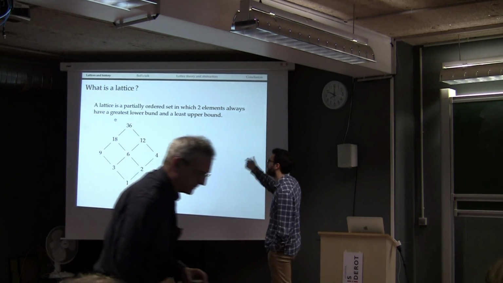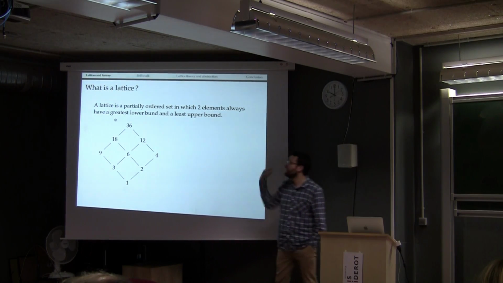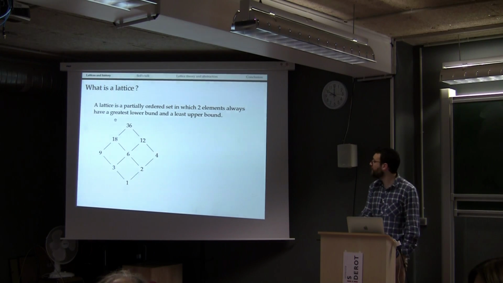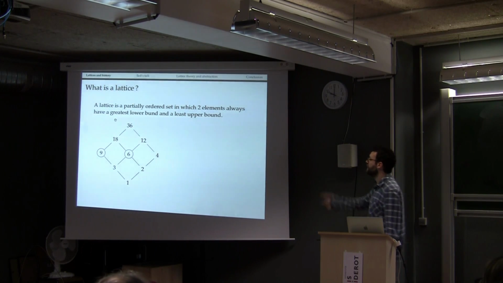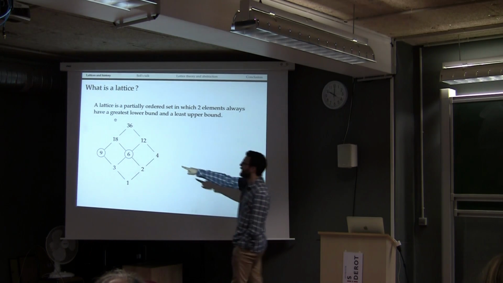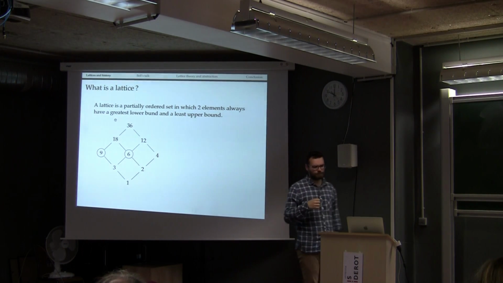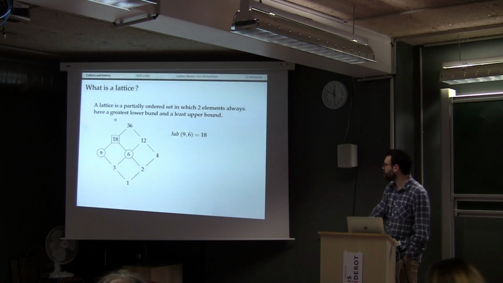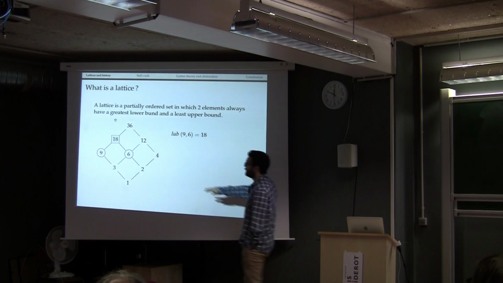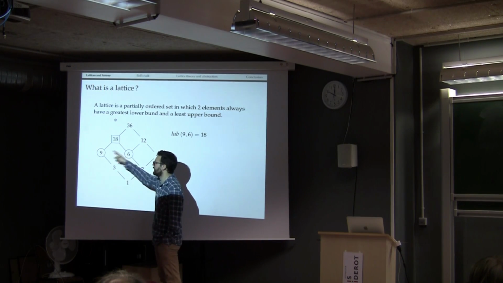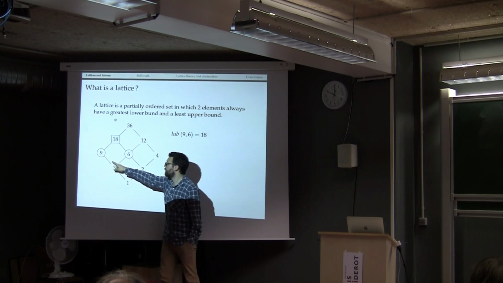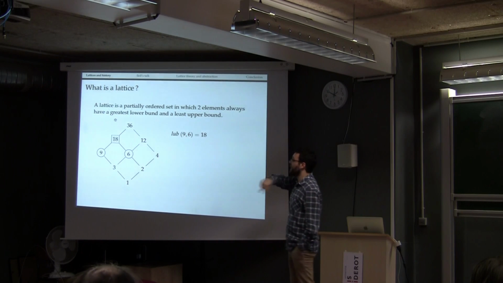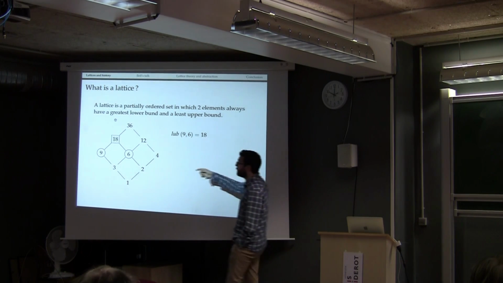A lattice is a partially ordered set in which two elements always have what's called the greatest lower bound and the least upper bound. So what are they? If you take two elements, such as 9 and 6, they have a least upper bound, which is an element that both 9 and 6 divide, so both divide 18, and every element that both 9 and 6 divide is divisible by 18.